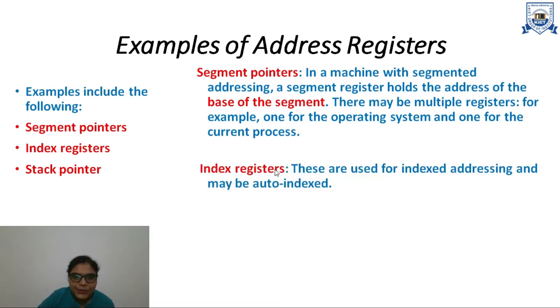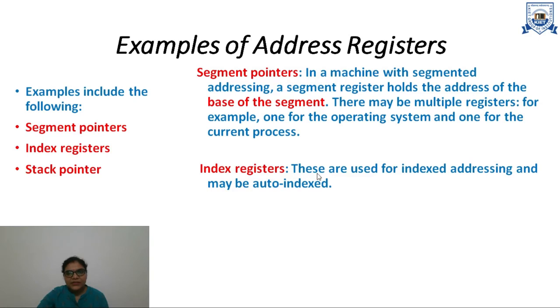Index registers. As you already know about arrays, arrays are indexed variables, and to implement arrays, we can use indexed addressing. That's why we can use index registers to implement indexed variables.